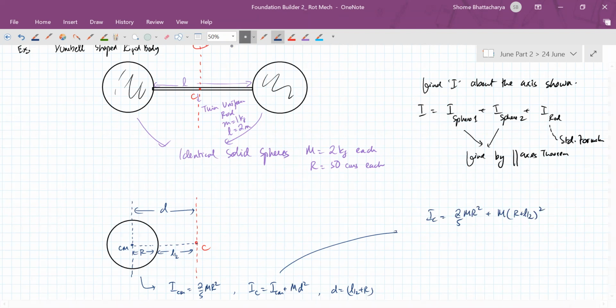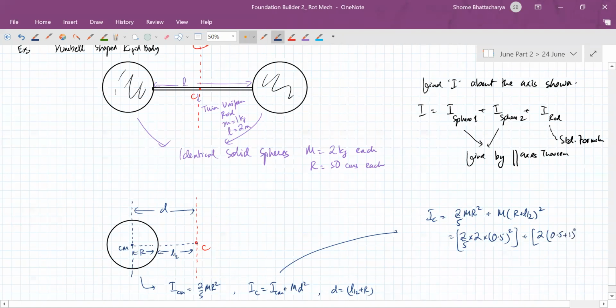So now let's use the values that are given to us. Okay. So 2 by 5 into mass of each sphere, which is 2 kgs, into radius, which is 0.5 meters, squared, plus 2 into this will become how much? 0.5 plus half of 1, so 1.5. Like this.